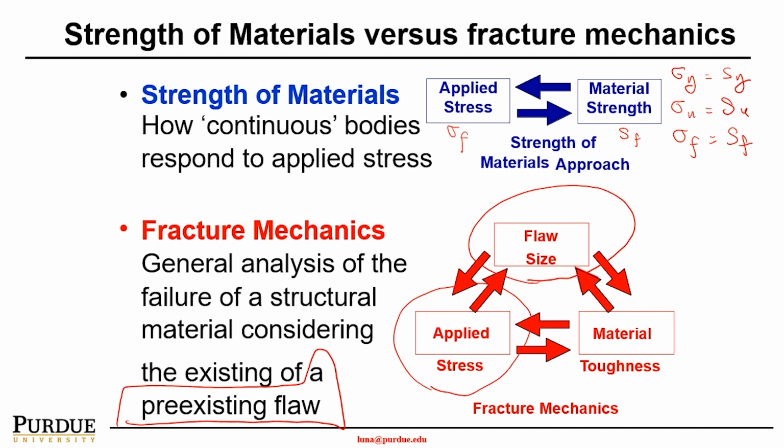And then we have to think about it. What is the material toughness? What's the material's intrinsic ability to resist a fracture? Those are very important concepts. So fracture mechanics is a discipline to mathematically study the interdependent relationship between those three parameters.